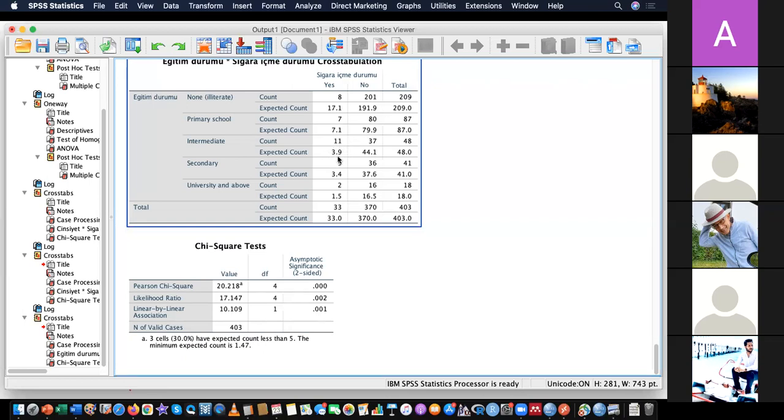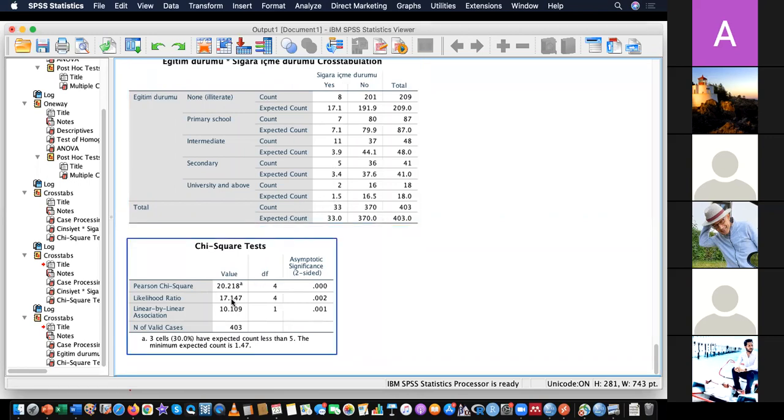Aha, here is one expected value which is less than 5. 3.9. There is another expected value, 3.4, and another expected value less than 5. So 3 expected values are less than 5.